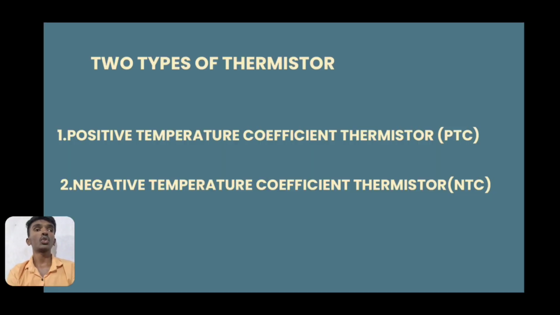Let's see the two types of thermistor, that are positive temperature coefficient thermistor, PTC, and second one negative temperature coefficient thermistor, NTC. Let's see the first one, positive temperature coefficient thermistor.